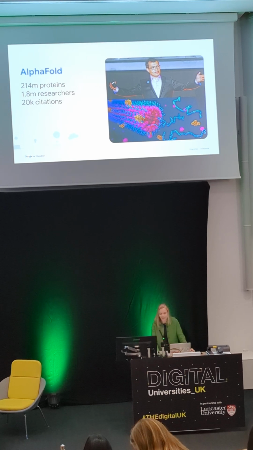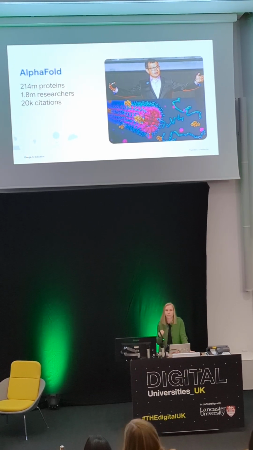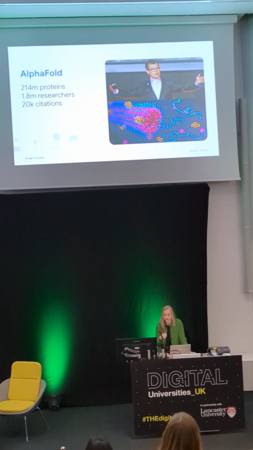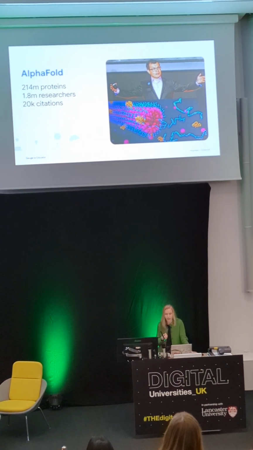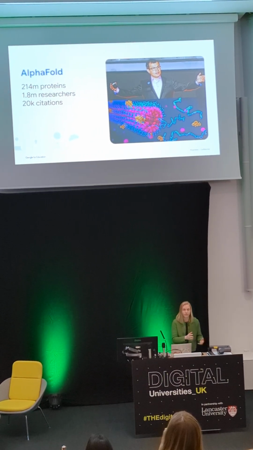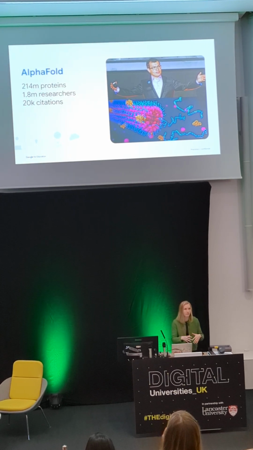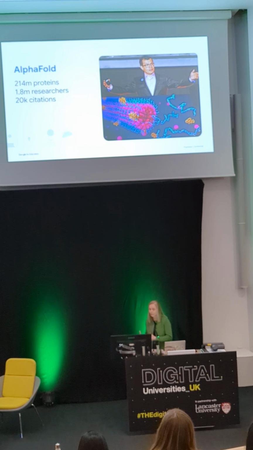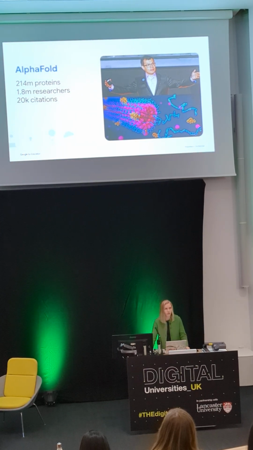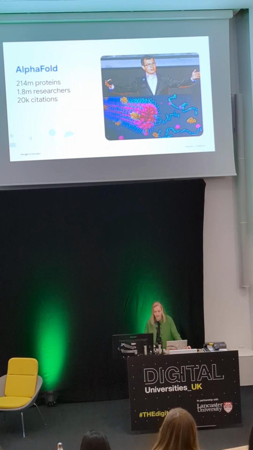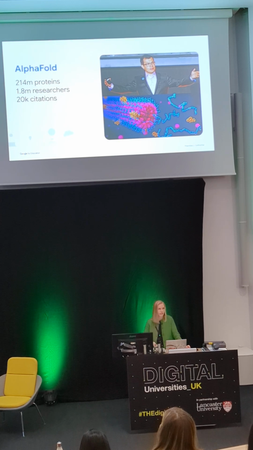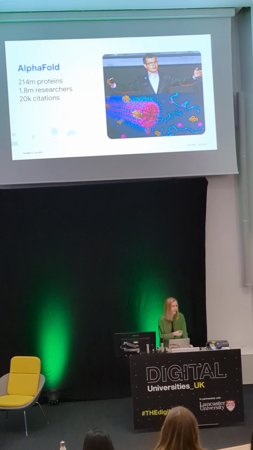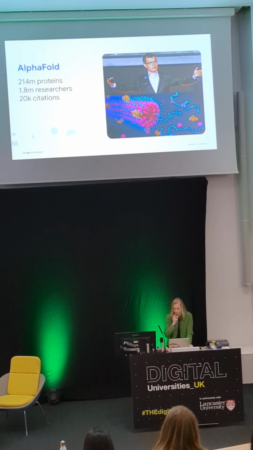So let me tell you what AlphaFold is. AlphaFold is an AI model that predicts the 3D structure of proteins. Before AlphaFold, predicting the 3D structure of proteins was very complex and very time-consuming. But here it is very important. It is important for things like drug discovery, disease understanding, accelerating research in various biological fields like vaccine development or cancer treatment.